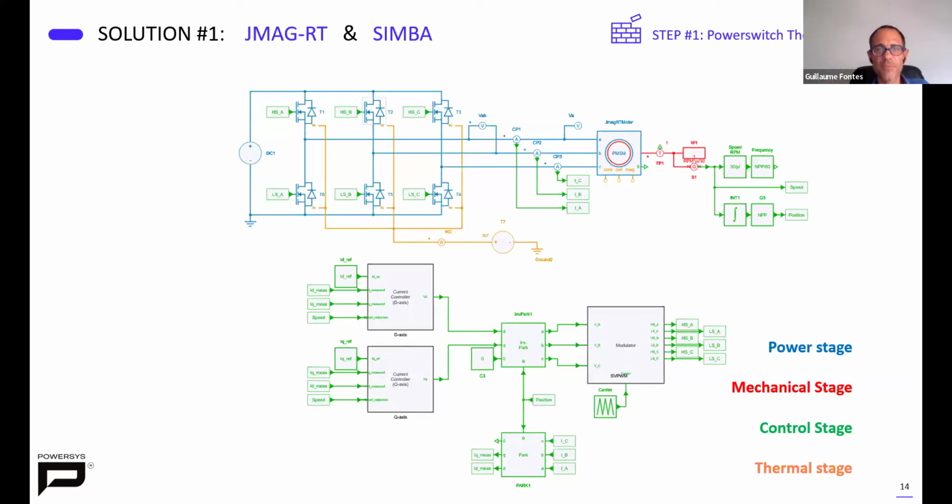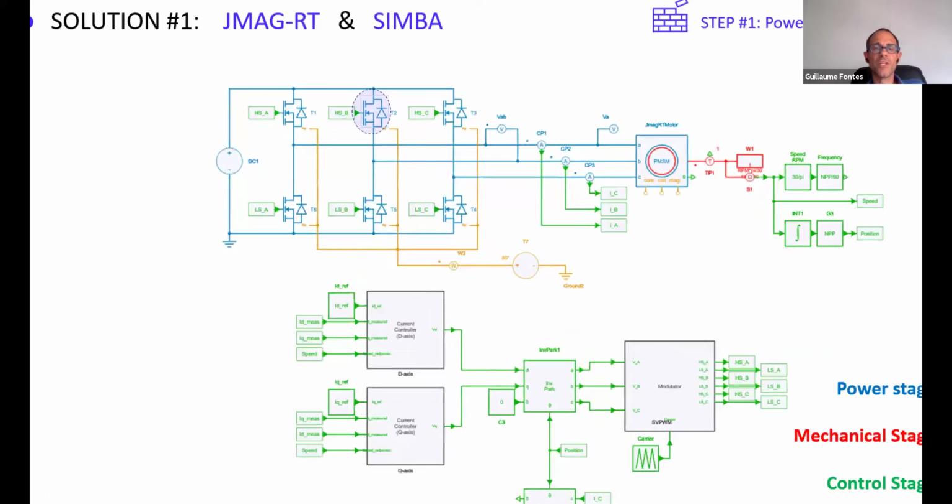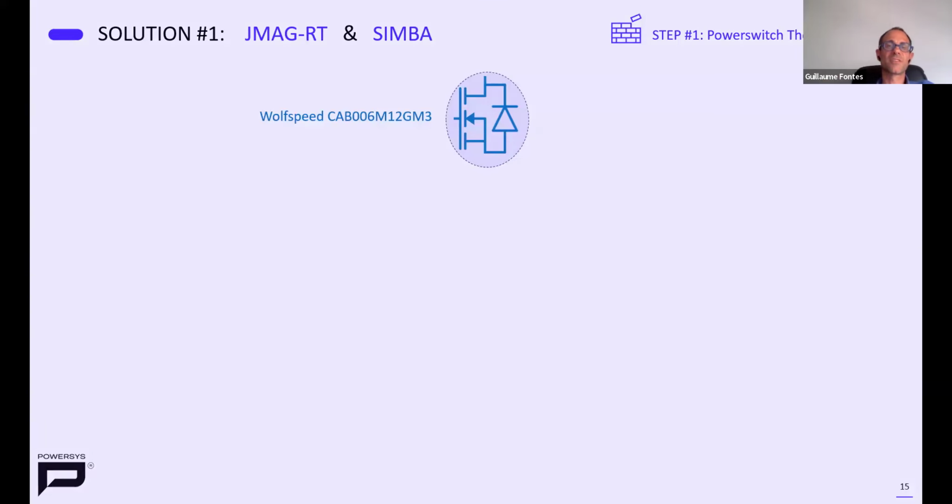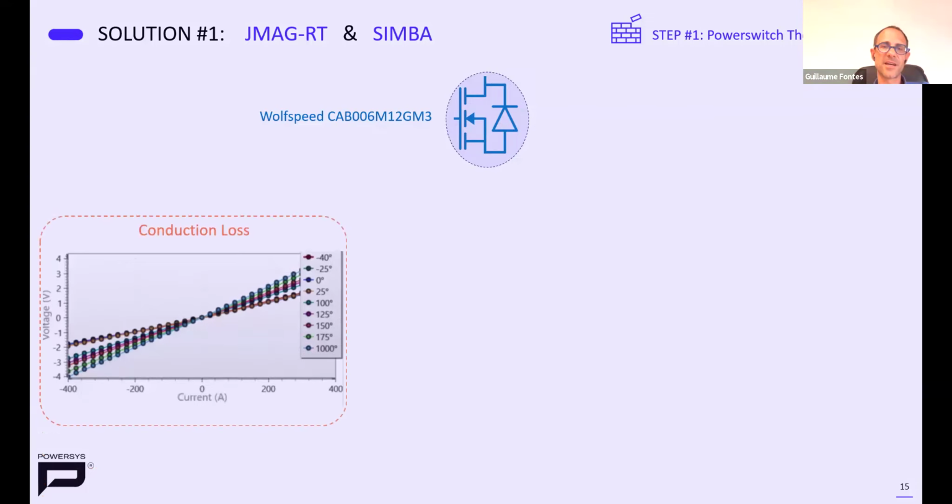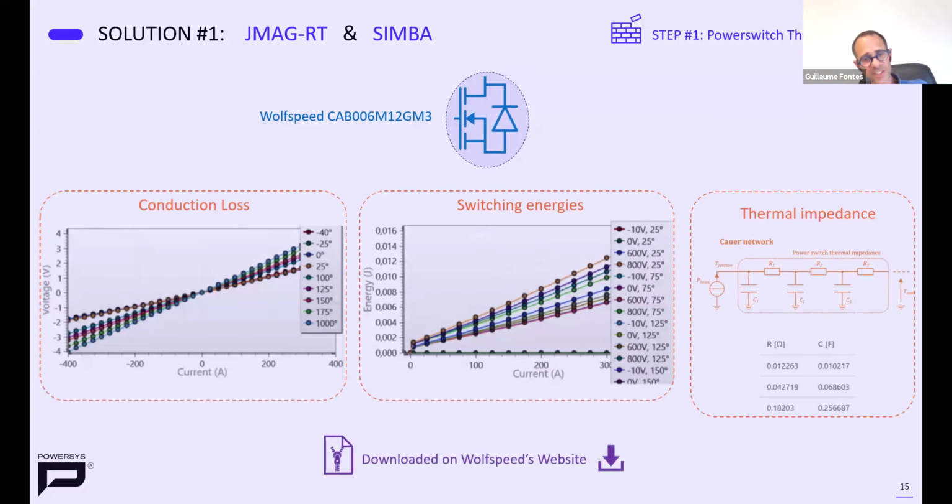For the first step, which deals with the thermal description of the power switch, here we use a silicon carbide MOSFET from Wolfspeed. This thermal description has been downloaded from Wolfspeed's website as an XML file, as I already said.